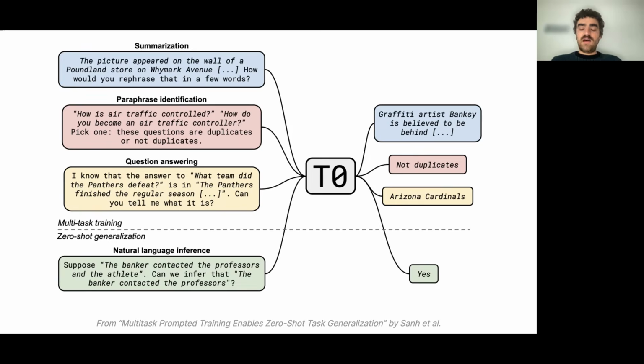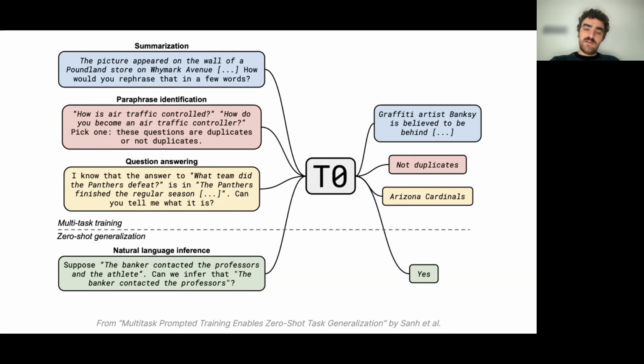And if we do this on enough natural language processing data sets, and we produce diverse enough prompts, then maybe after we do this form of multitask training, we call it multitask prompted training, on a language model, then we can feed in a new task via a new prompt and a new example, and the language model will perform that task correctly.